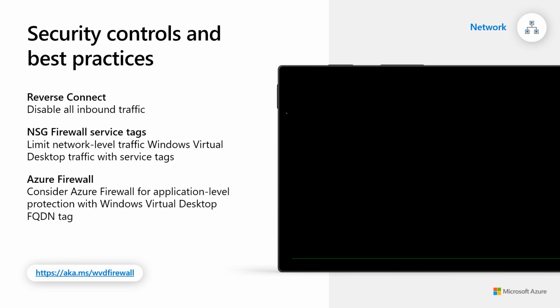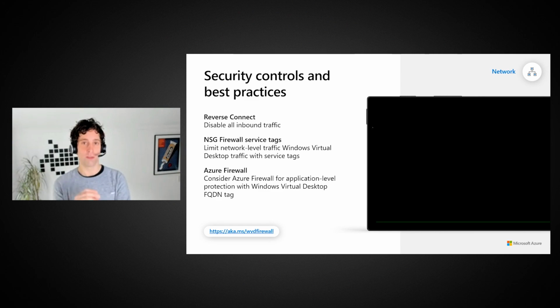So let's first talk about the reverse connect functionality. This is something part of Windows Virtual Desktop. There's nothing for you to do. This is one of the key investments. When we started to design Windows Virtual Desktop, we came up with this reverse connect technology. What that means is that we install a very thin agent that creates an outbound connection to our control plane or our management plane.